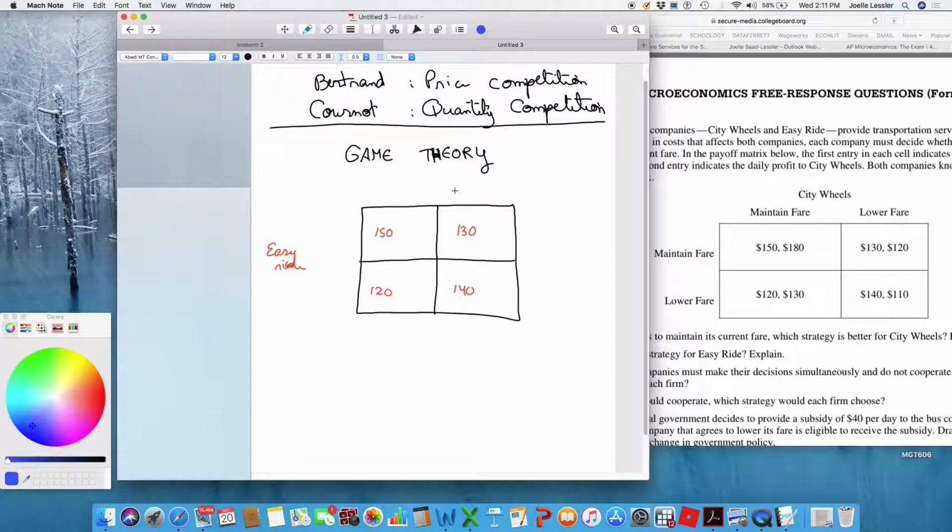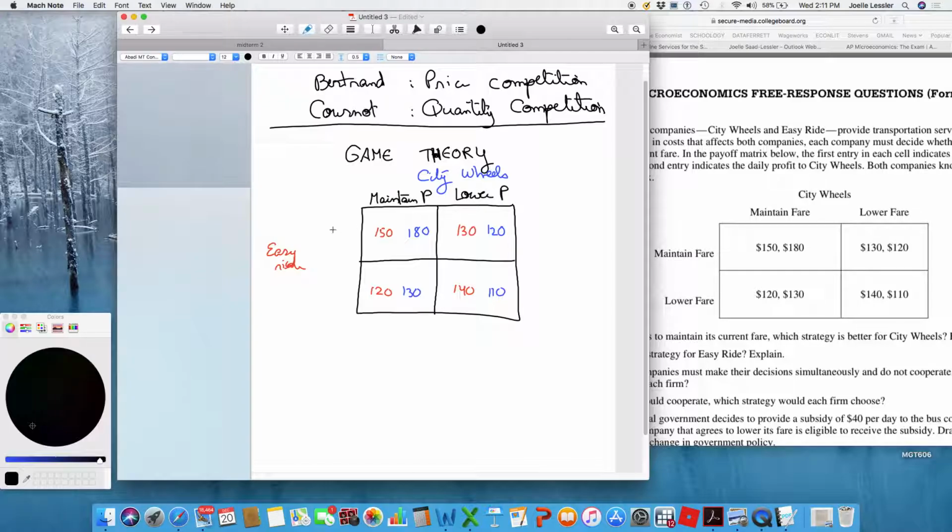And we're going to do City Wheels in blue. So the second number in each cell corresponds to the profit for City Wheels for that particular strategy. Maintain fare, lower the fare, maintain, and lower the fare.